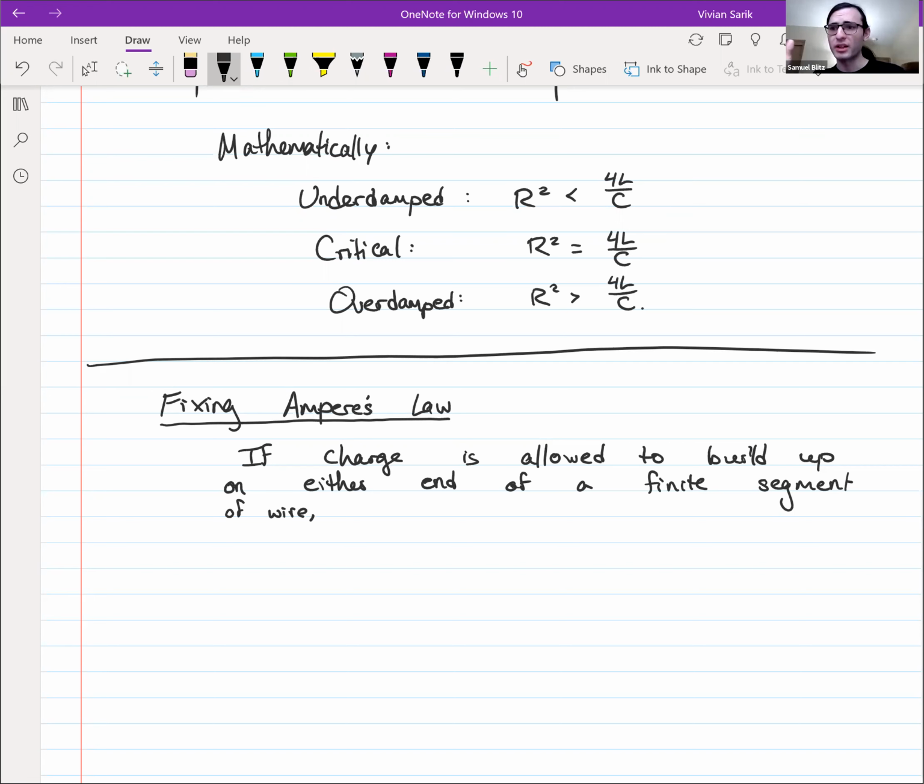The reason we care is that for a finite segment of wire, if there's current flowing through, and the wire is oriented vertically with current going this way, you're going to end up with negative charges on one end and positive charges on the other end. That's why there's a problem in Ampere's law, because we don't really know how to handle that yet. So the question is how do we fix Ampere's law so that it accounts for a buildup of positive charge and negative charge on either end?